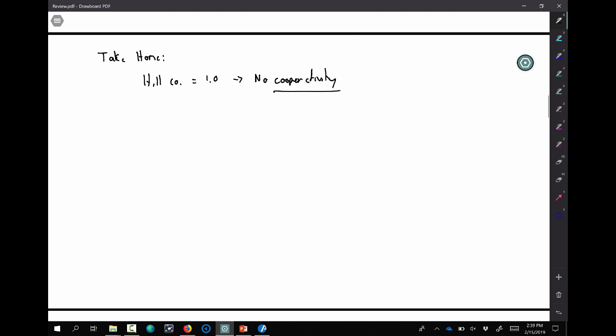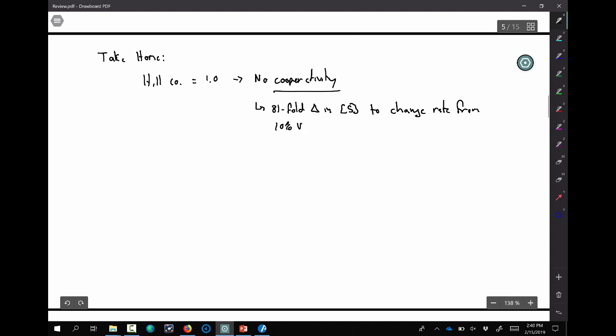In this case, I remember this number: it takes an 81-fold change in substrate concentration to change the rate from 10% Vmax to 90% Vmax.